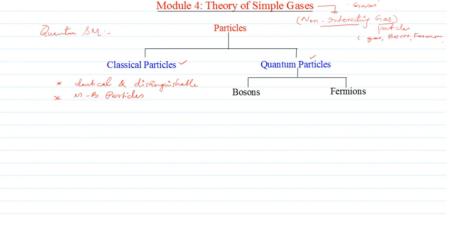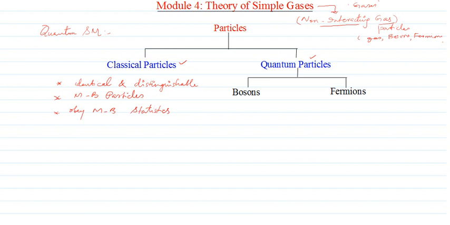These particles are named MB particles because they obey what is known as Maxwell-Boltzmann statistics. What is meant by obeying Maxwell-Boltzmann statistics?